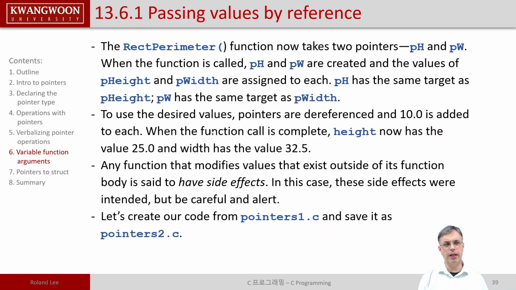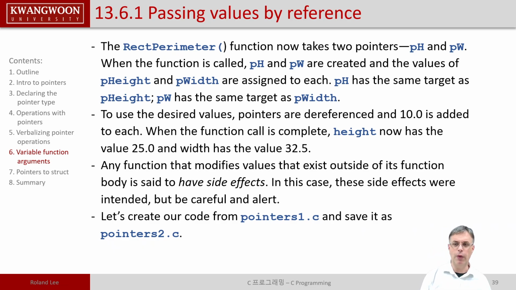And then when the function is called, here is an example where *ph + 10 is going to be there, and then shorthand comes in handy. Recall the equivalent *ph = *ph + 10.0.